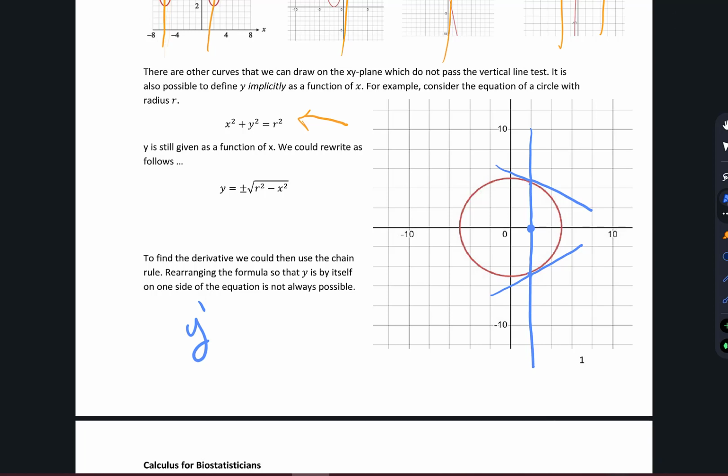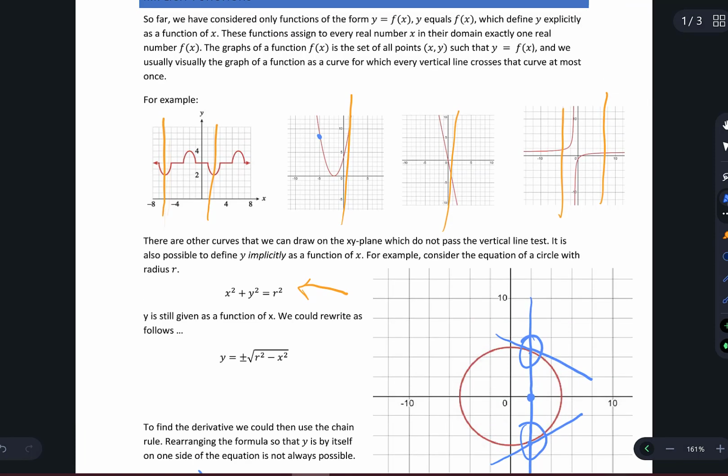The reason for that is, again, we need to know which of these two points or which of these y values we're at. Whereas when we took the derivative up here, for any of the previous ones, we've never had y in the derivative. In other words, we'd have y prime equal to something, and on the right hand side of this equation we would never see a y.